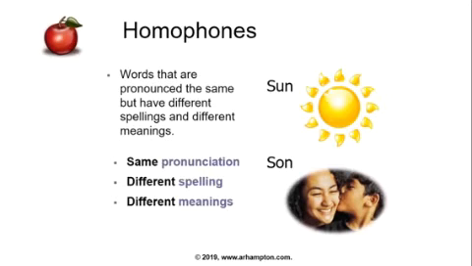Sun, S-U-N, is a big ball of fiery gas in the sky. But son is a male child when it's spelled S-O-N. Again, same pronunciation, different spellings, S-U-N, S-O-N, and different meanings. Got it? Okay, let's move on.